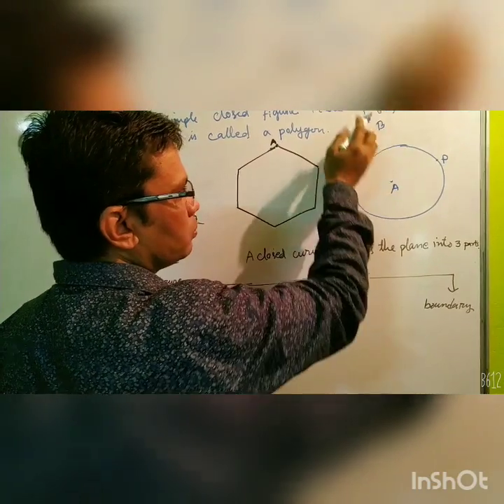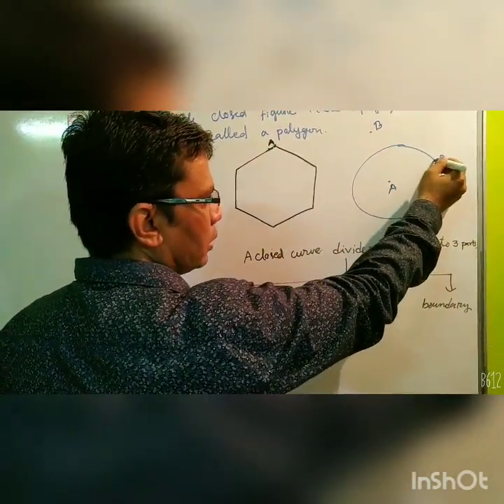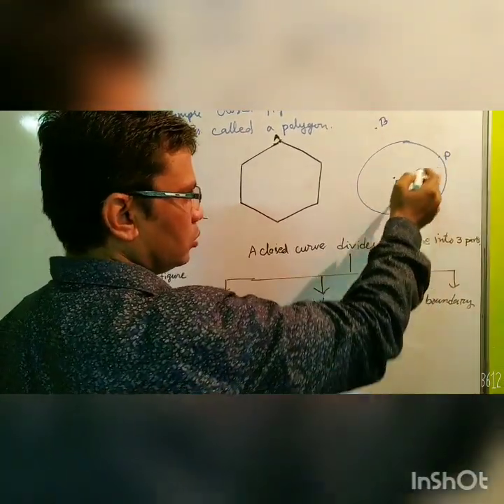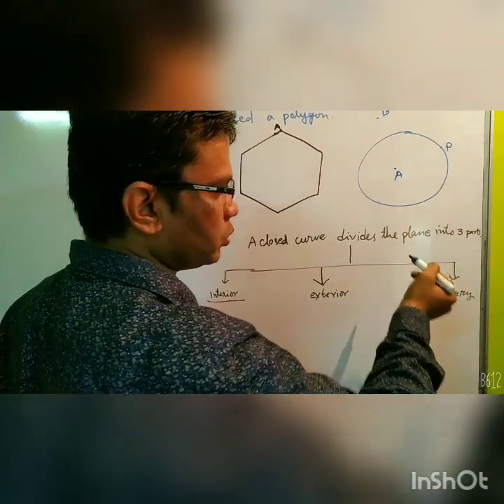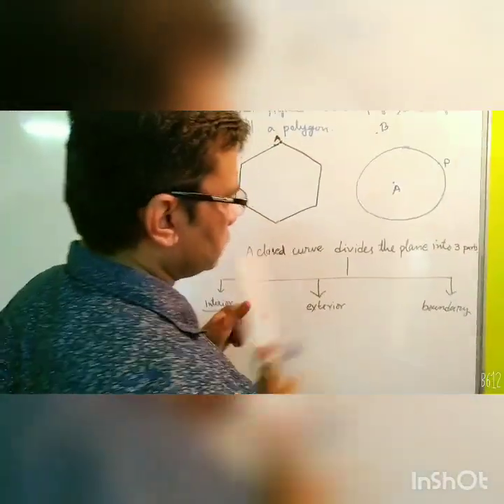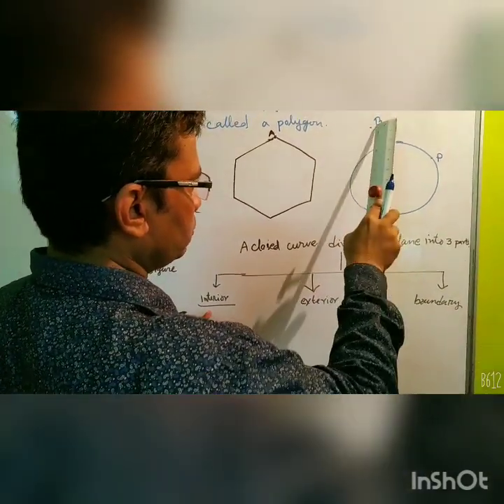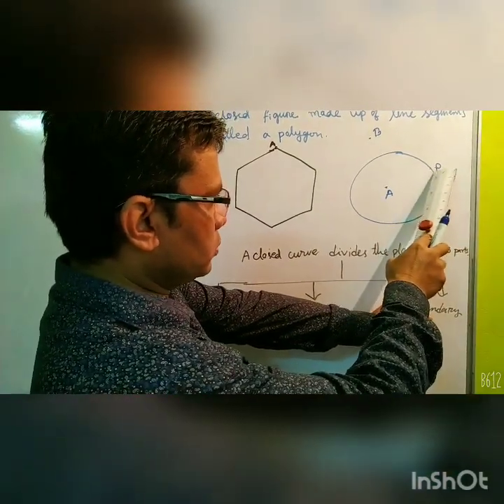B is outside the closed figure. P is lying on the boundary. That is why we say a closed curve divides the plane into 3 parts: point A is an interior point, point B is an exterior point, and point P is on the boundary.